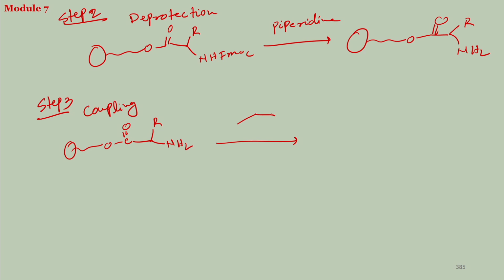Now, you add your second amino acid, this is R1, R2, FMOC protected, so that this amine does not react. So, now you have acid free here, you have amine free here, and they can be coupled, and this is your monomer. So, every time you will use a different amino acid, but the same FMOC protected and free acid, and coupling reagent.